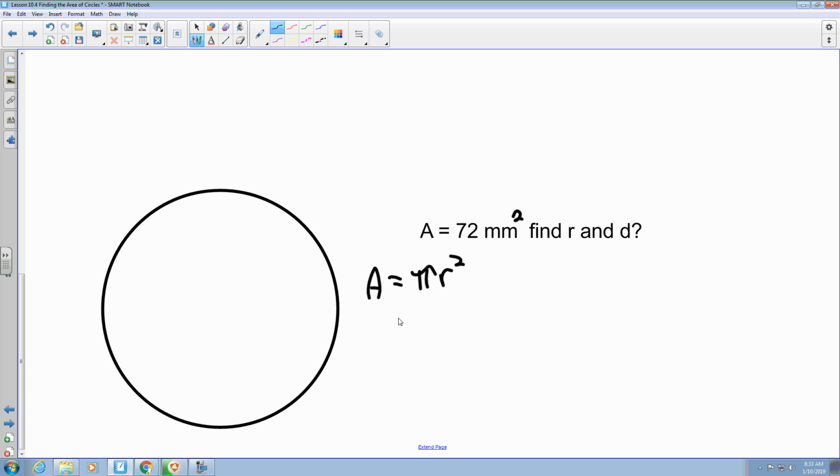We know that A is 72. We know that we can put pi is 3.14, and we have the r squared there. In order to solve this, we have to first divide everything by the approximation of pi. In this case, it's 3.14. So 72 divided by 3.14 is, I get r squared, and I'm going to round this to 2 decimal places.